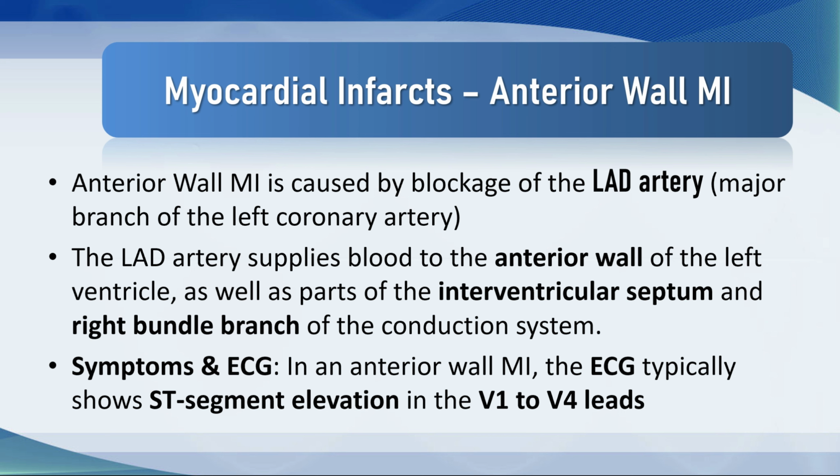Typically, you'll see ST segment elevation in V1 to V4. Because this arterial series supplies the bulk of the left ventricular myocardial muscle mass, occlusion without reperfusion or with stunning or hibernation may result in pump failure and cardiogenic shock.